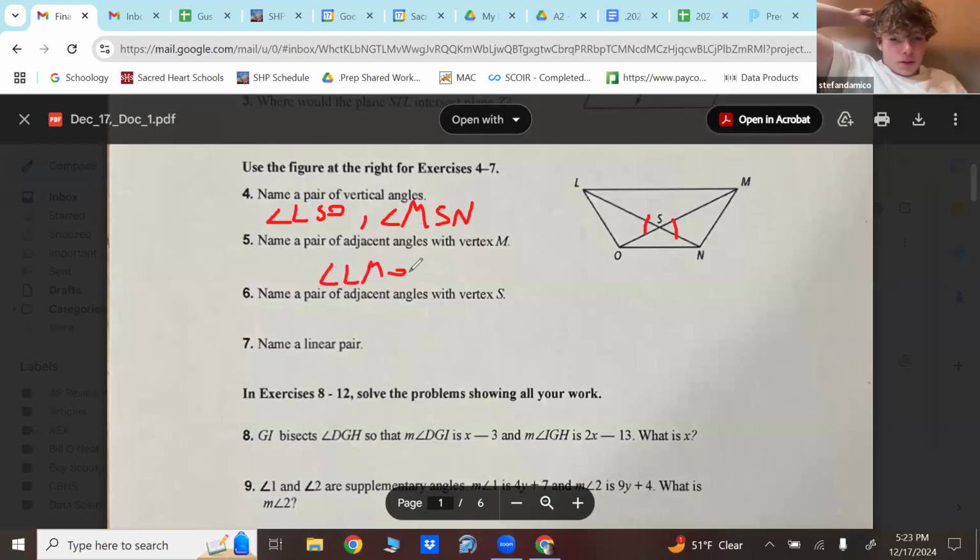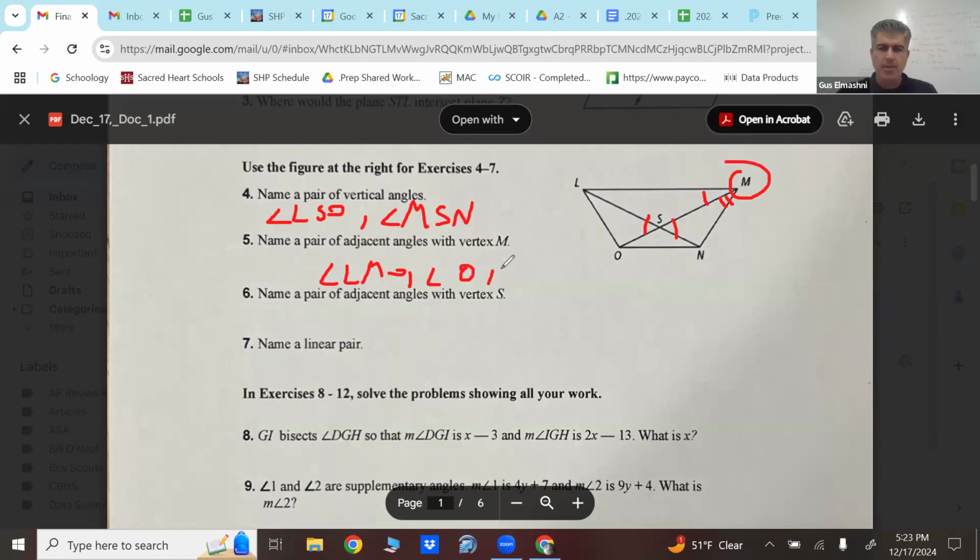What would be the other one? So it'd be LSO. LMO. Oh, no, adjacent angles: LMO and OMN, because you want to share that vertex.